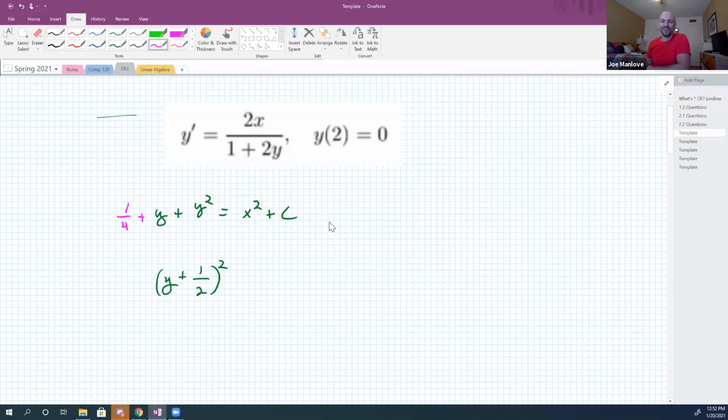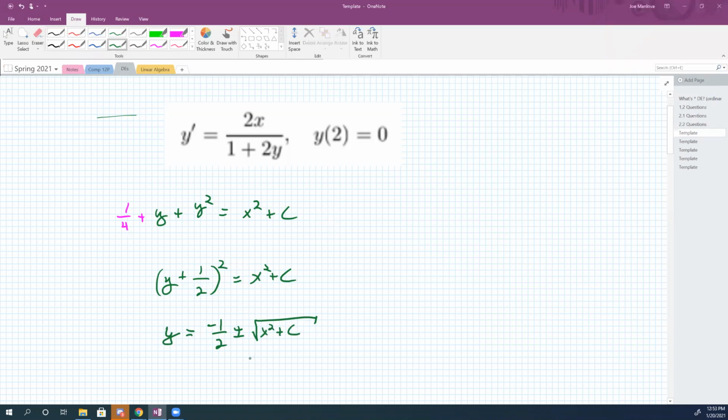Arbitrary constants are weird. So you get y plus 1/2 squared is x squared plus c. And then I would be inclined to say that y is minus 1/2 plus or minus the square root of x squared plus c. Yeah, that's what I would do.